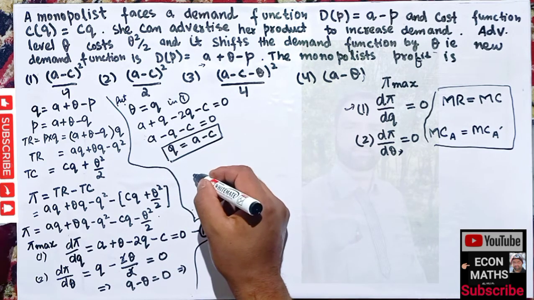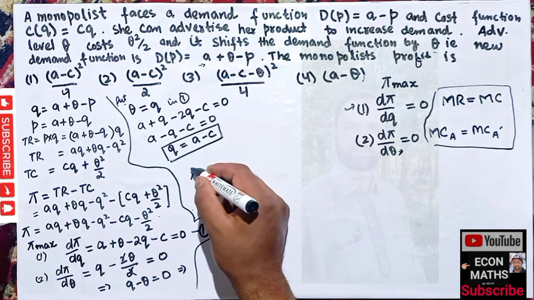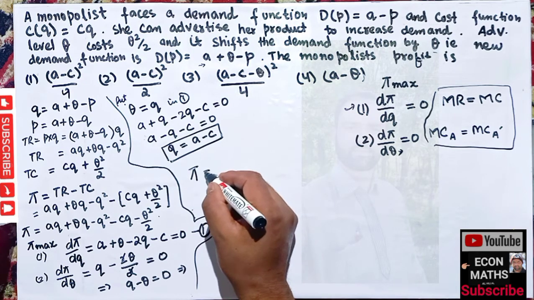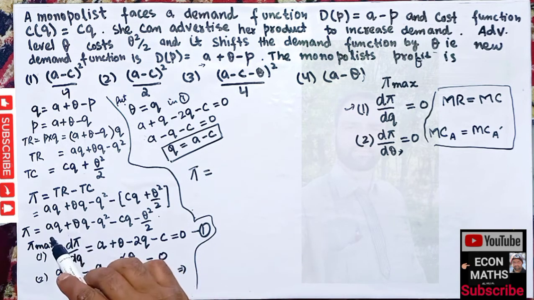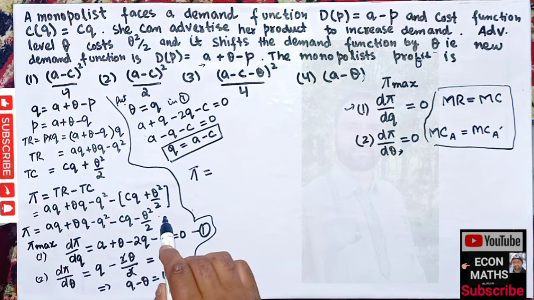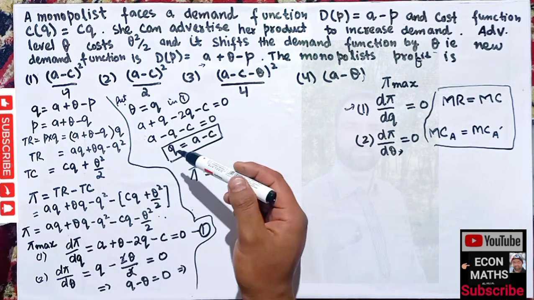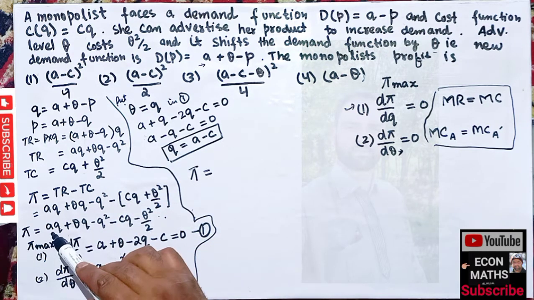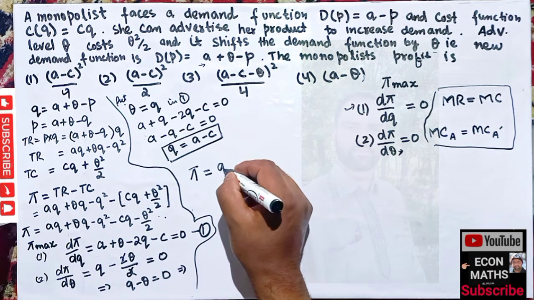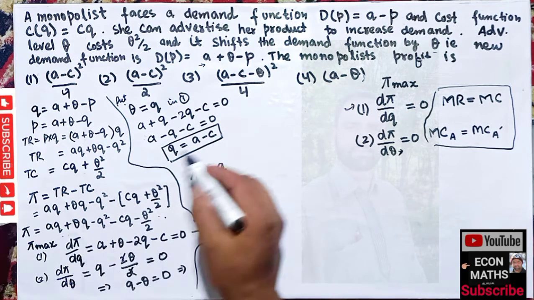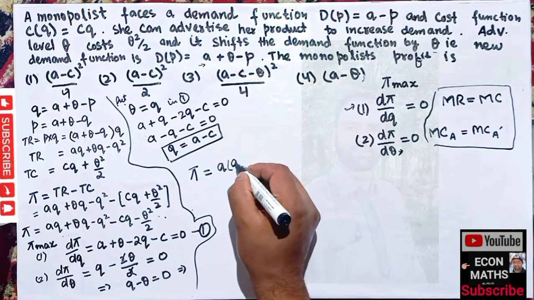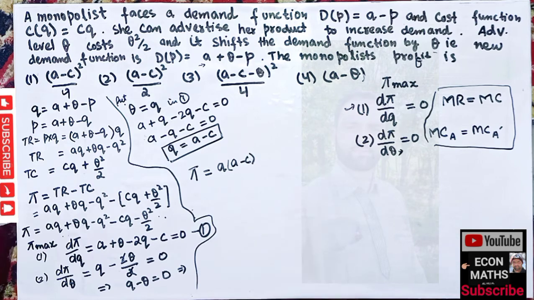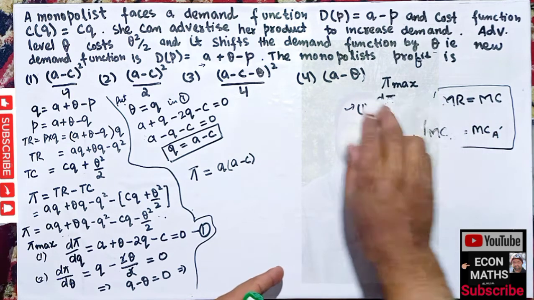Now what would be our monopolist's profit? That is equal to total revenue. This is our profit function, so we will put the value of theta and q in this equation. So we have a, and in place of q we have a minus c.